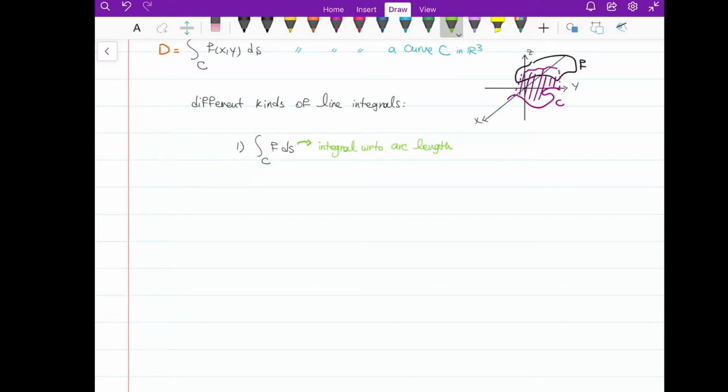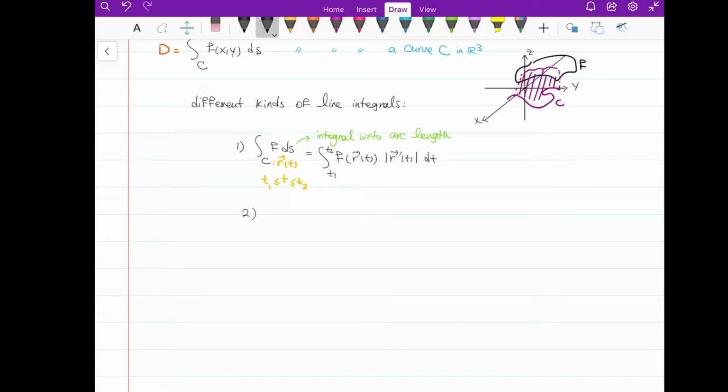To calculate that, all you need to do is parameterize the curve C and plug your parameterization into f. It would be the integral of f of r of t, and then ds would be the length of r prime of t, and then dt, with t between, for example, t1 and t2. These are the bounds for my parameterization.